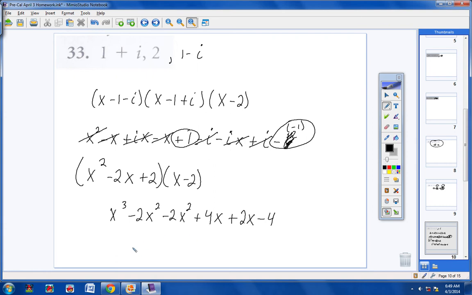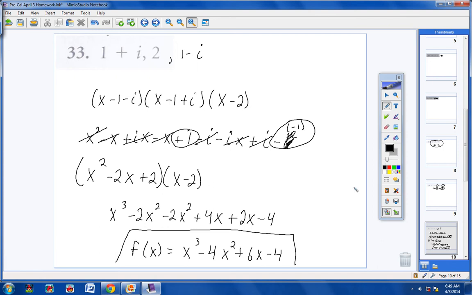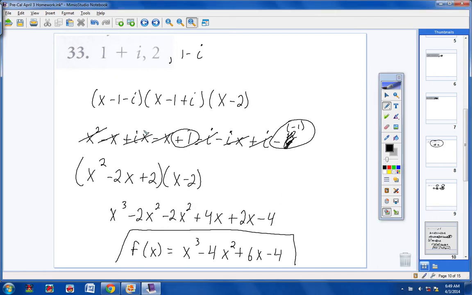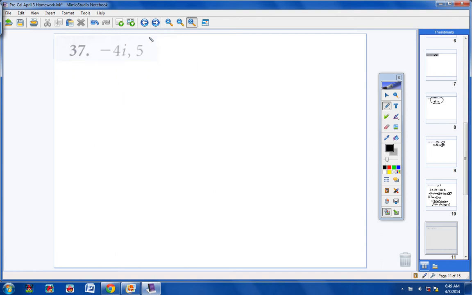And so we're going to simplify that by combining like terms, and your final answer will be x cubed minus 4x squared, positive 6x minus 4. Okay, now let me check that quickly in the back of the book here. Yes, this answer is correct, so we're going to move on to number 35.